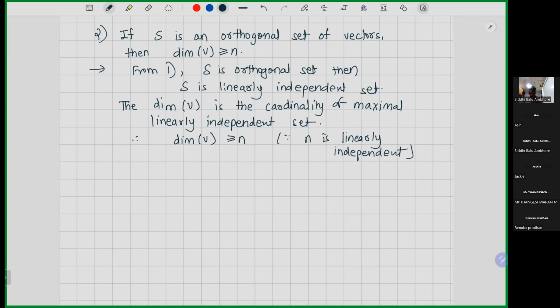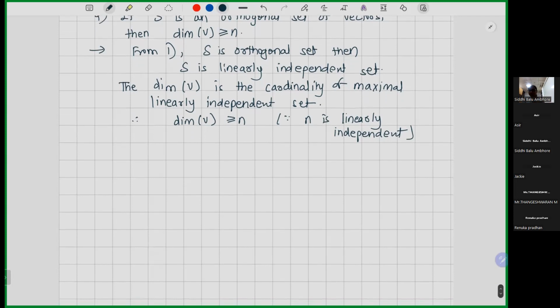So as I said, if it's forming the basis, then it is equal to the dimension, because then that linearly independent set becomes the basis of that vector space. But if it is just a linearly independent set, there could be other elements which are forming the basis, and we need to add those elements to it.